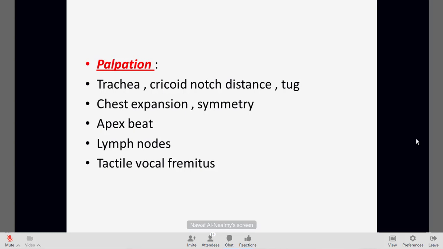When you speak or say anything, if someone puts a hand on their chest while speaking, they feel a vibration. Even when they say 44, a vibration is felt on the chest wall.